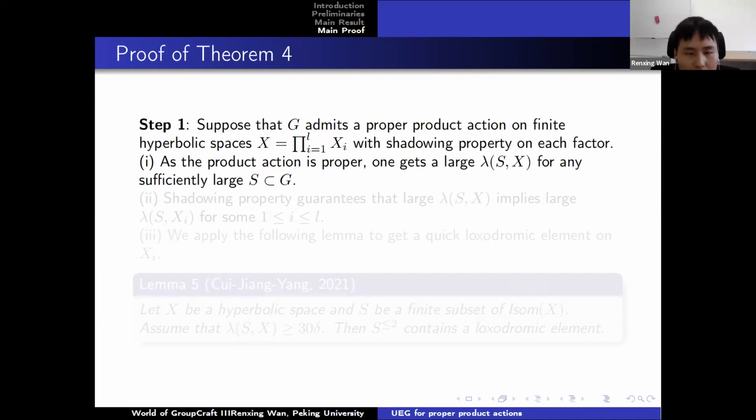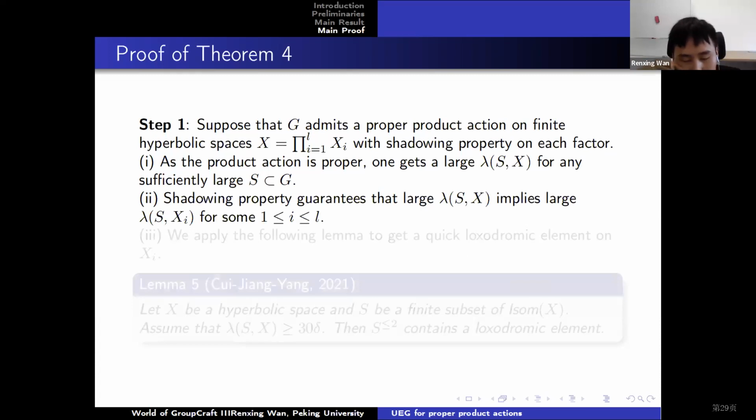But the second thing is that we want to transfer the large displacement on the whole space to get a large displacement on some factor space. Note the difference. It's not very easy. So here we use the assumption: the shadowing property guarantees that large displacement on the whole space will imply large displacement on some factor space.